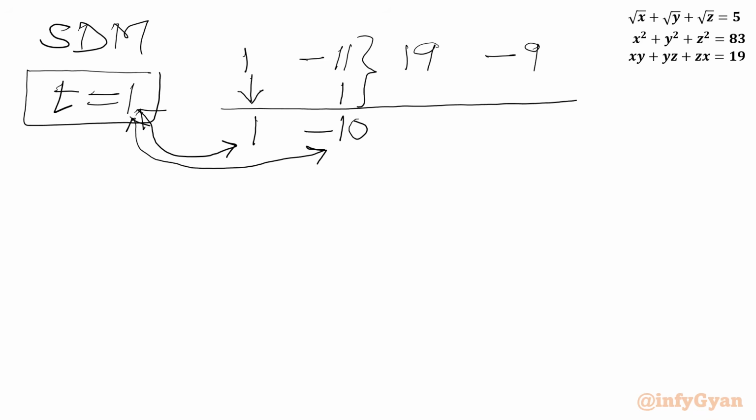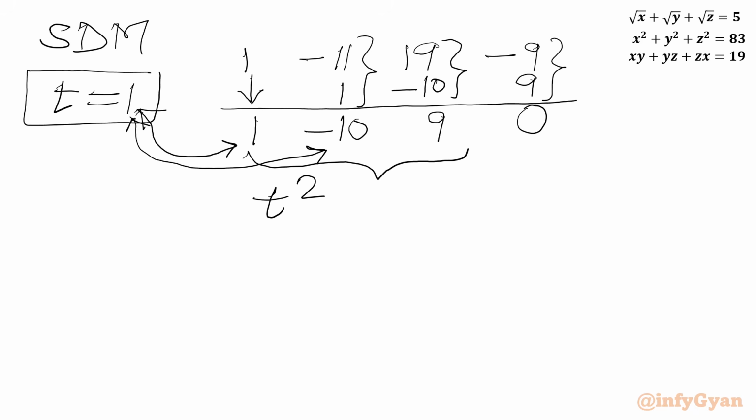So 1 times minus 10 is minus 10. Addition of these two will give us 9. 1 times 9 is 9. Addition of these two will give us 0. So here we have coefficients for quadratic equation in t. We will write t square minus 10t plus 9 equal to 0.